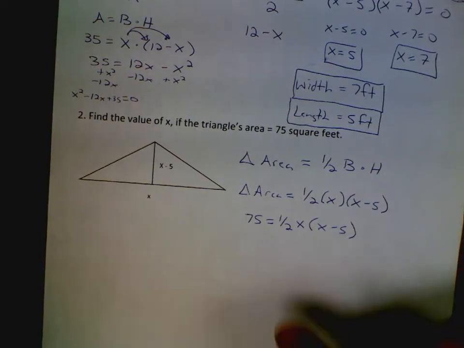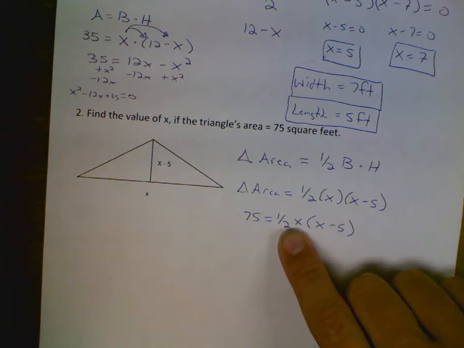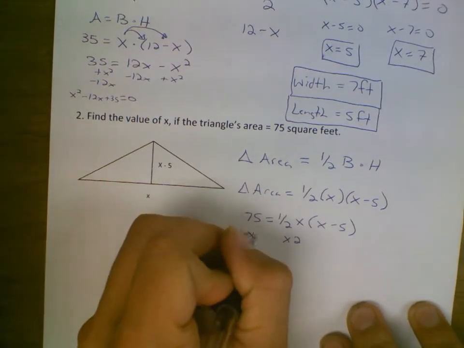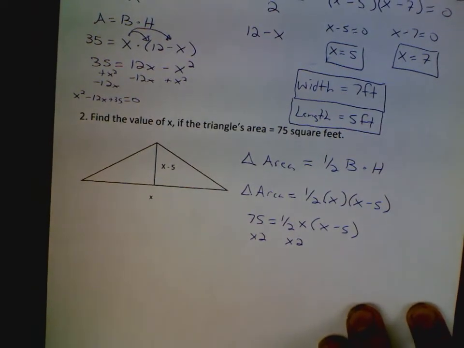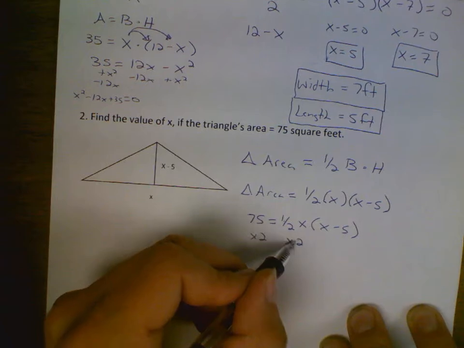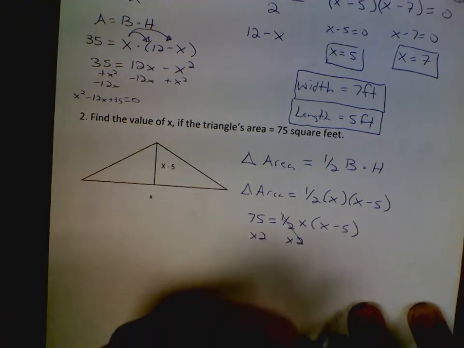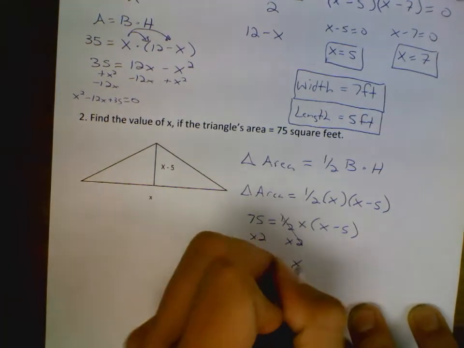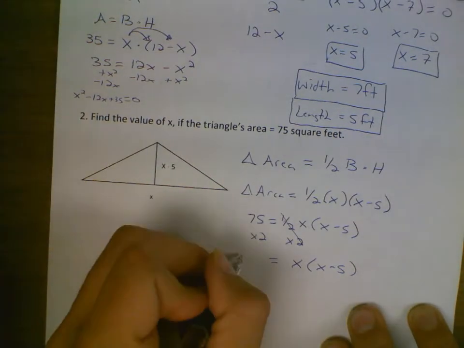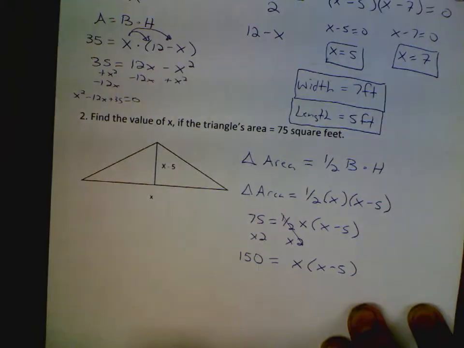Now, I don't like dealing with this fraction, so I can multiply both sides by 2. When I do this, 1/2 times 2 will just be 1, or they'll cancel each other. I'll be left with x times x minus 5, and then 75 times 2 is 150.